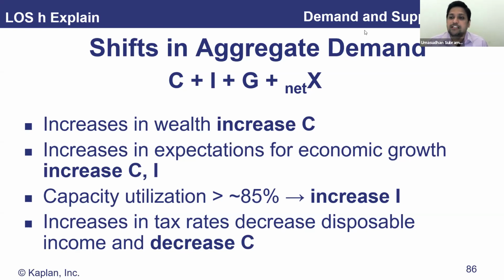Number one, if you expect your economy is going to blossom, going to go up, going to prosper, what do you think is going to happen to your consumption? People will spend more or will spend less? People are going to spend more and people are going to invest more because there is optimism everywhere.